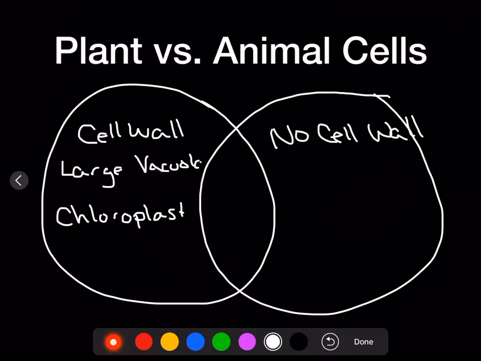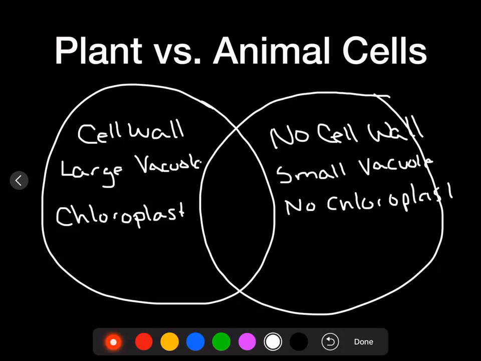Their outside covering is a cell membrane, which is actually contained in both plants and animals. They also have a small vacuole and no chloroplast. Finally, animal cells usually or sometimes have a flagella, which allows for movement in it.